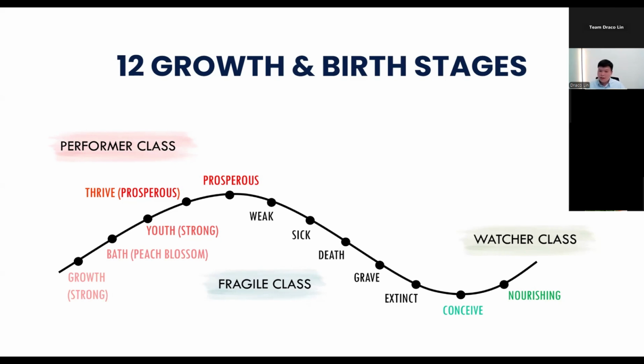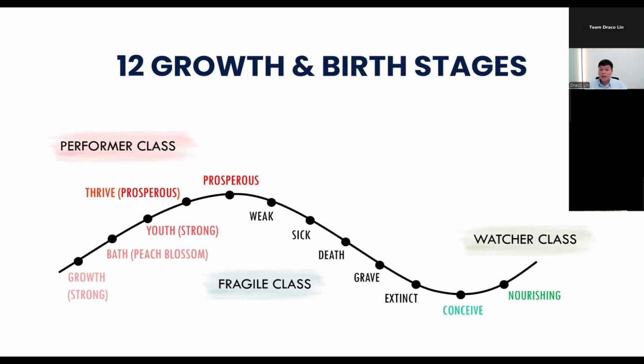How do you differentiate it? The energy levels. The energy levels are differentiated into 12 different growth and birth stages. In this photo is actually what I did in the collectibles version in 2018. So we taught these 12 growth birth stages.